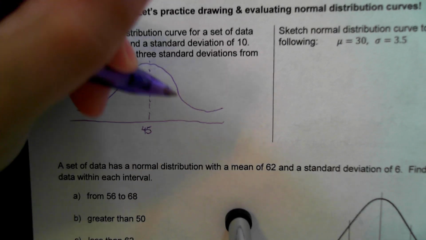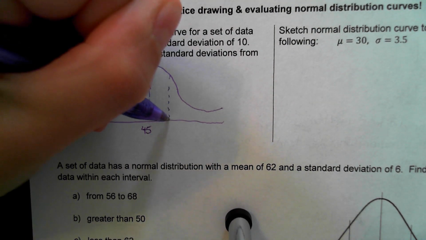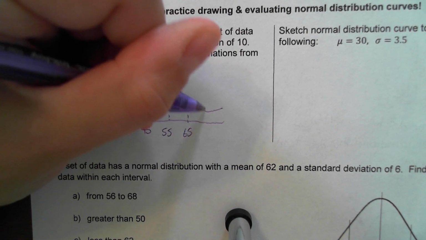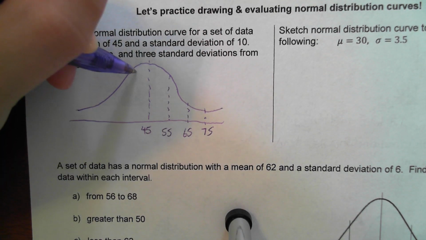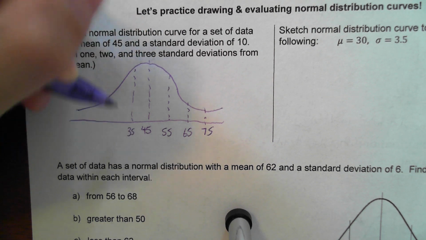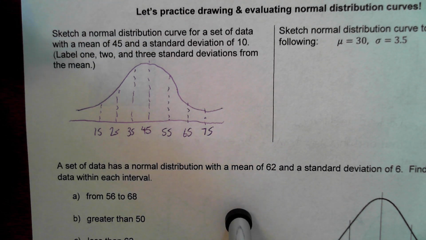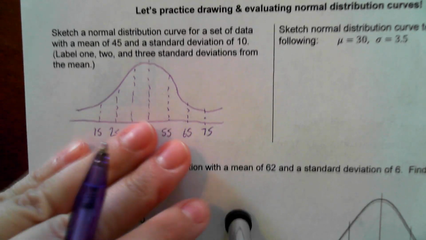So our standard deviation is 10. So if we go 1 standard deviation away, that's going to put us at 55, 2, 65, and 3, 75. Below, 35, 25, and 15. And there's our normal curve.